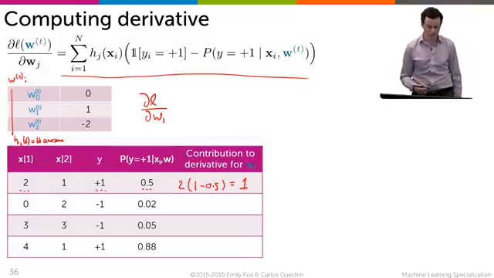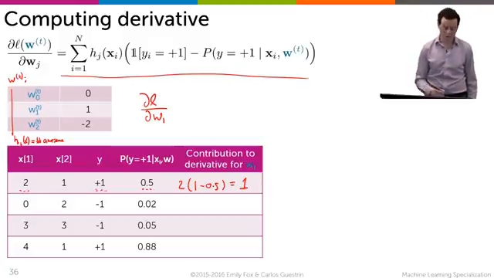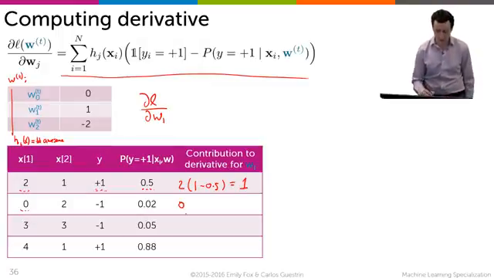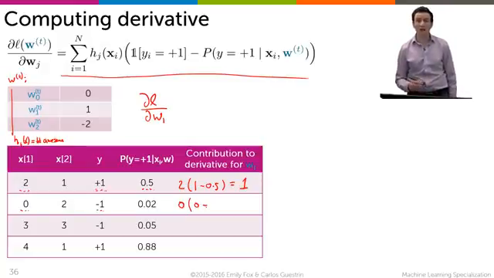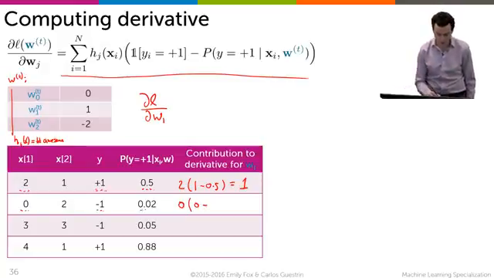Let's look at the next data point. The next data point, the h1 of x has value 0. So in this case, w1 is not important to it, but let's just go through. This is multiplying the indicator. Is this a positive example? In this case, it's not, so it's 0, minus the probability that the model assigns for this to be a positive label, which in this case is 0.02.